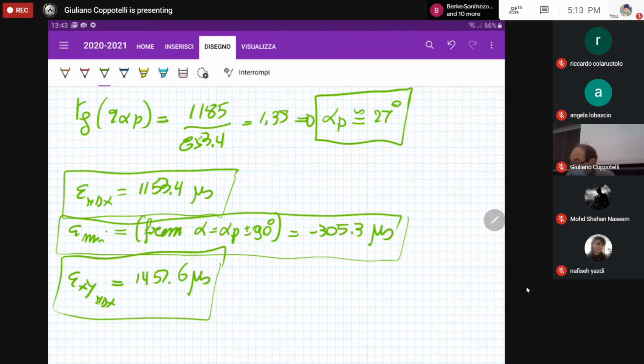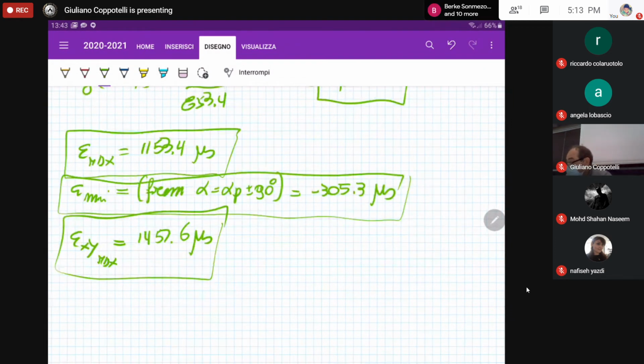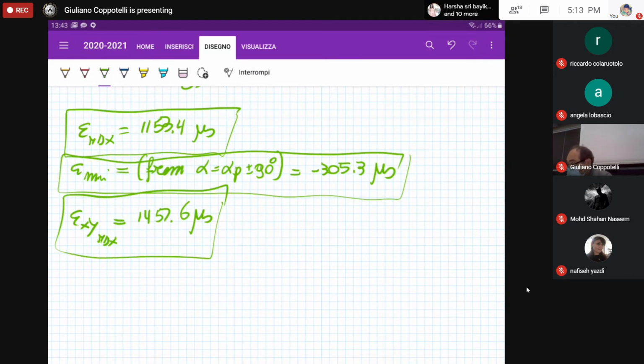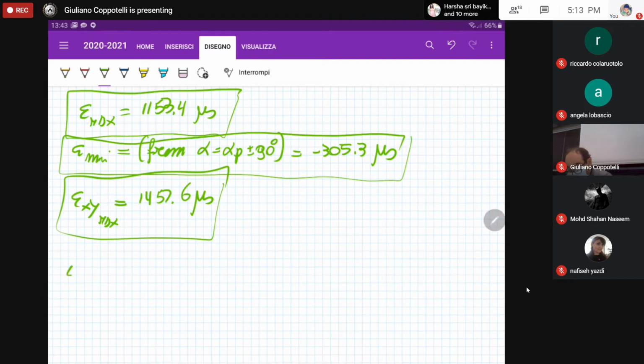Now let's assume, for example, to evaluate the stress, we are in a 2D elastic domain, in an aluminum alloy, for example, where the Young modulus is 70 gigapascal, and the Poisson ratio is about 0.32.